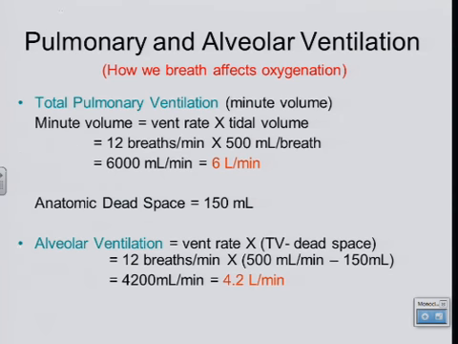So therefore, alveolar dead space also needs to be subtracted from total pulmonary ventilation to give us alveolar ventilation. Make sure you can do these calculations backwards and forwards depending on which variable we're looking for. Make sure you can calculate either ventilatory rate, tidal volume, dead space volume, and also relative to pulmonary ventilation, relative to alveolar ventilation.